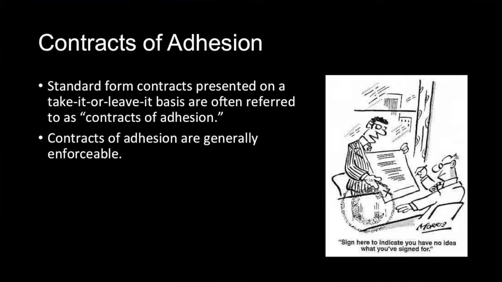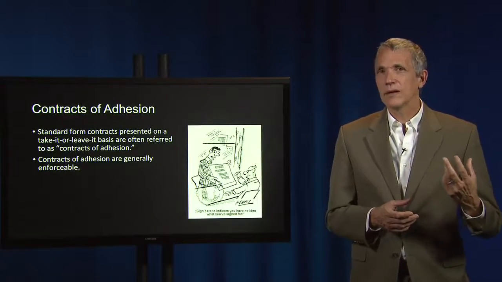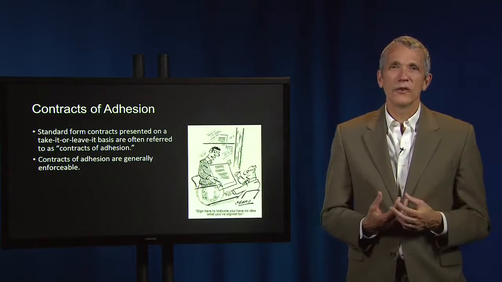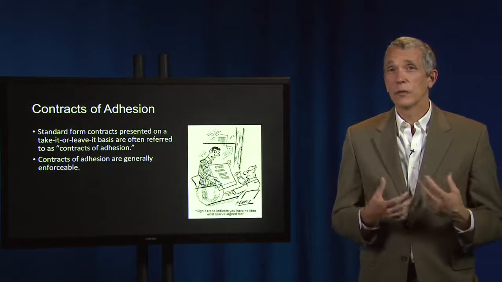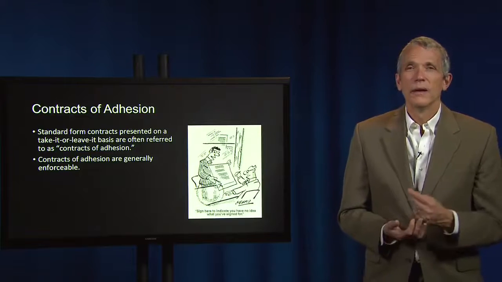Standard form contracts presented on a take-it-or-leave-it basis are often referred to as contracts of adhesion. California courts have taken the lead in holding that a contract of adhesion is always procedurally unconscionable. The unconscionability question in California then boils down to whether the bargain is sufficiently unconscionable from a substantive standpoint to warrant non-enforcement.